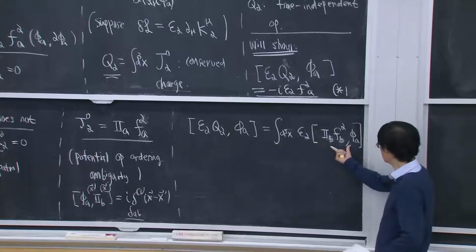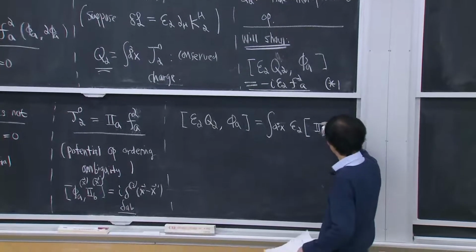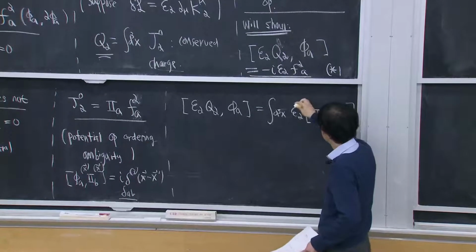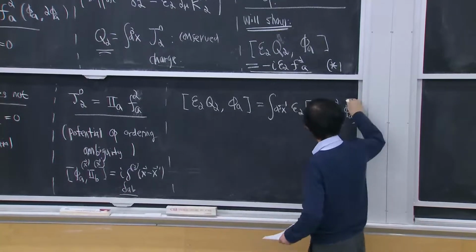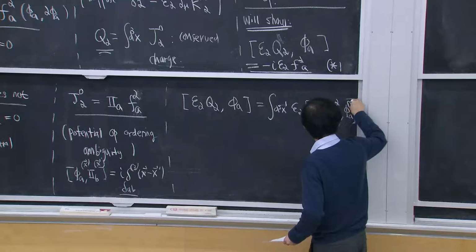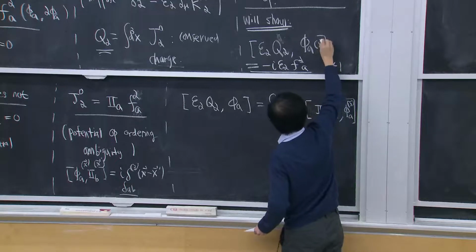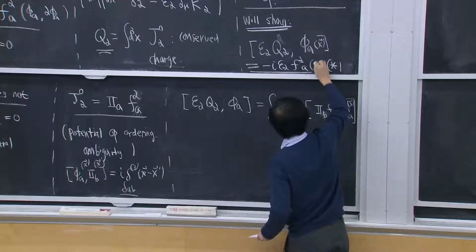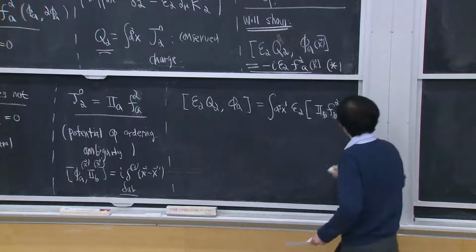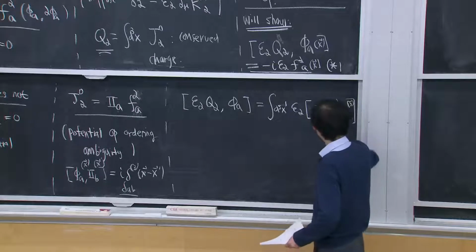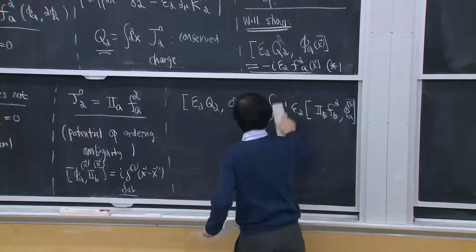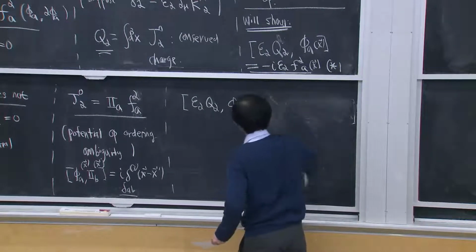Now if you use this, let me label more explicitly: x here and x prime there. Sorry, I didn't leave myself enough space, so let me rewrite it.